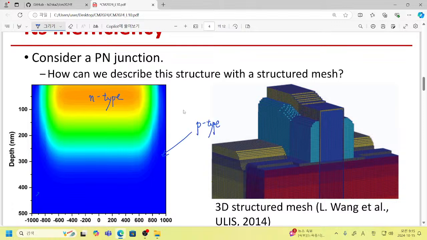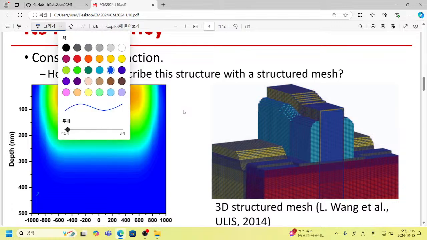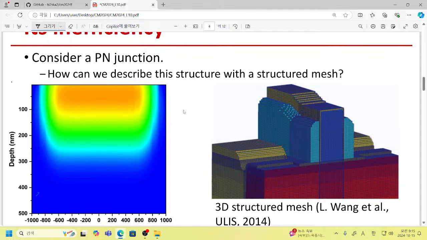So if we adopt this kind of description, then how can we introduce a certain mesh to describe this system? Where is the most important range or region where we have to introduce quite a dense mesh point? Of course, you can now understand that here we have a significant change of our doping density.